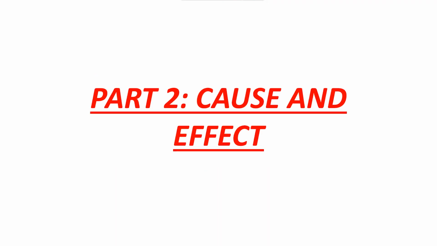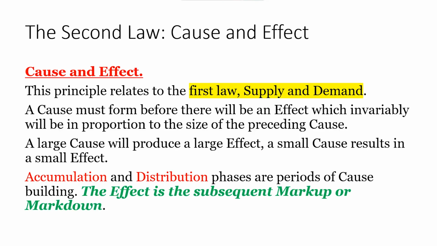Cause and effect is such an interesting law, and these laws are so important to understanding the foundational attributes of all technical analysis in the markets. But specifically, these laws are all built into the Wyckoff methodology. So it relates to the idea of the first law, which is the supply-demand relationship, the balance and the imbalance, and so on.